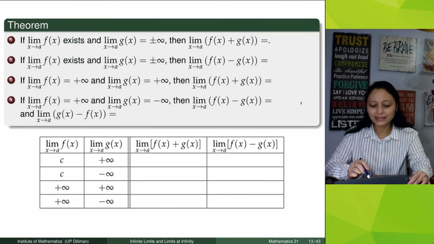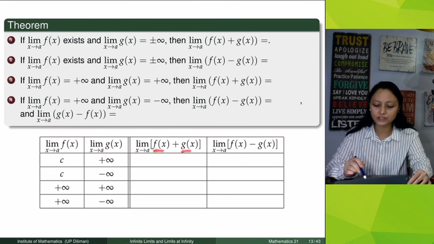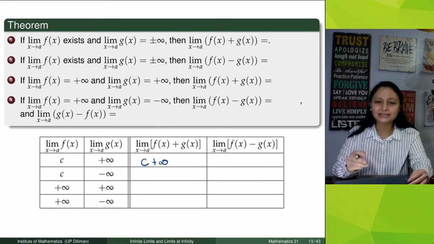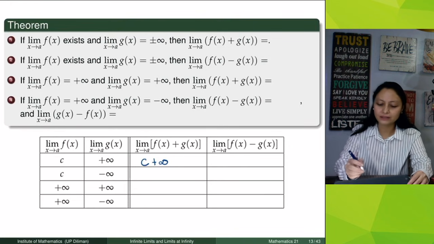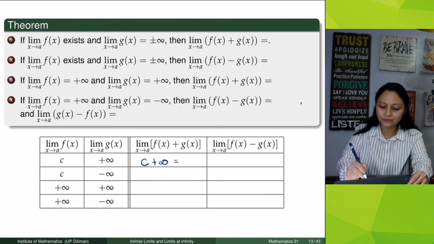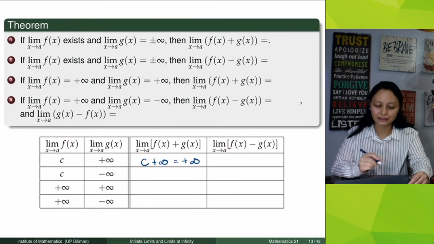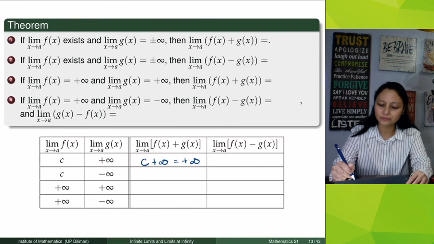You can distribute the limit, you can get the limit of each function as x approaches a. So here, you get c plus infinity. But a constant plus a very big number, or infinity, is equal to positive infinity.